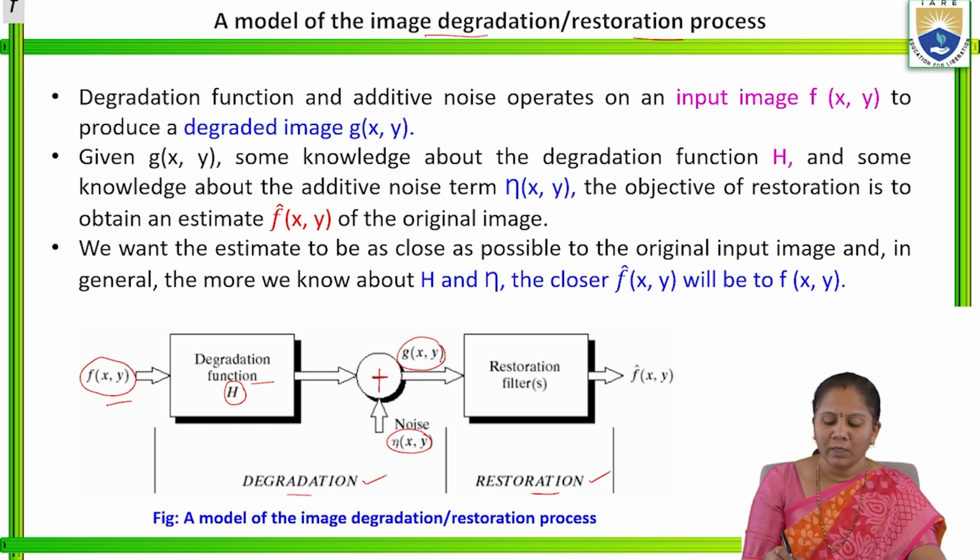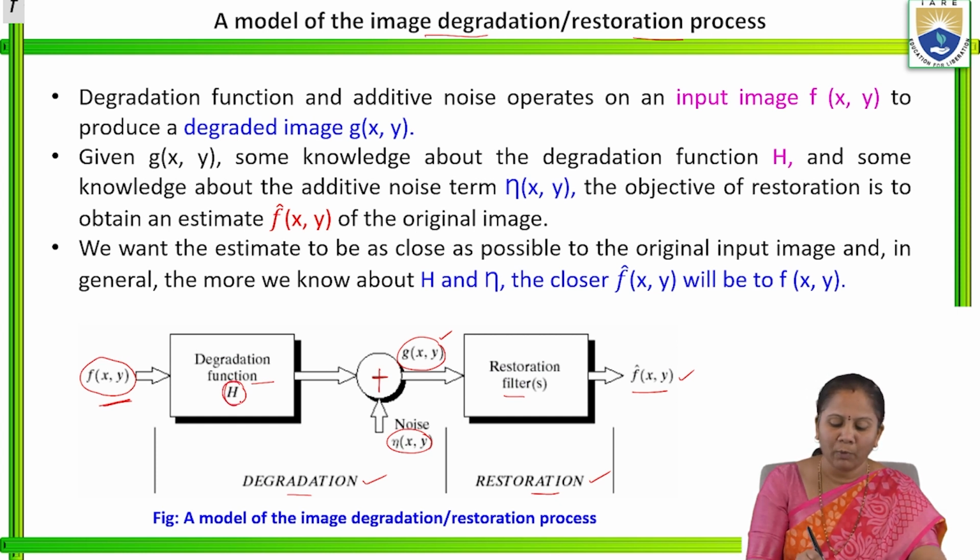This g of x comma y is given as input to the restoration filter, and the output we get is f cap of x comma y. The main objective is that f cap of x comma y should be very near to the input image f of x comma y. In order to obtain f cap of x comma y equal to f of x comma y, we should have more knowledge about two important things.